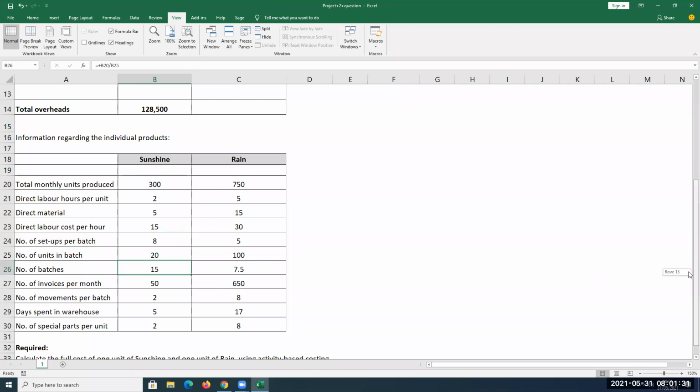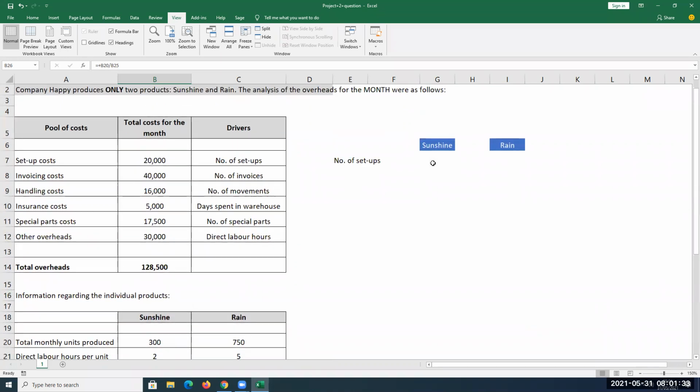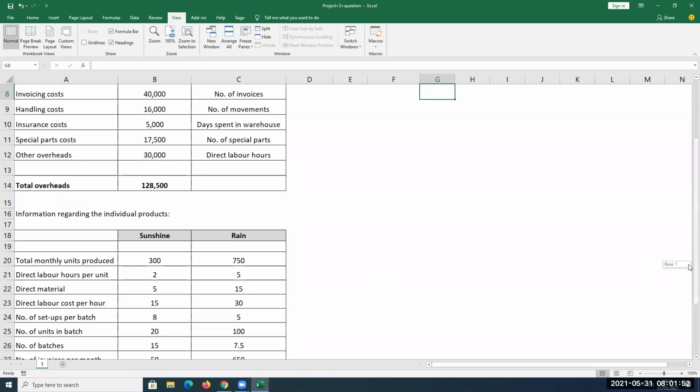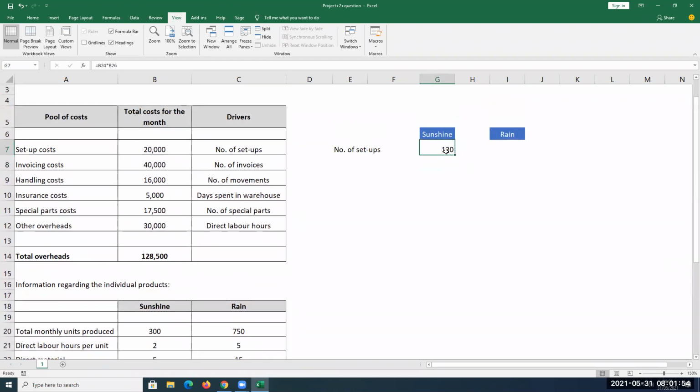So the total number of setups should be, to use the formula in Excel, we press the equal sign. 8 setups for one batch multiplied by how many batches we are running, 15. So I will get the total number of setups, 120.